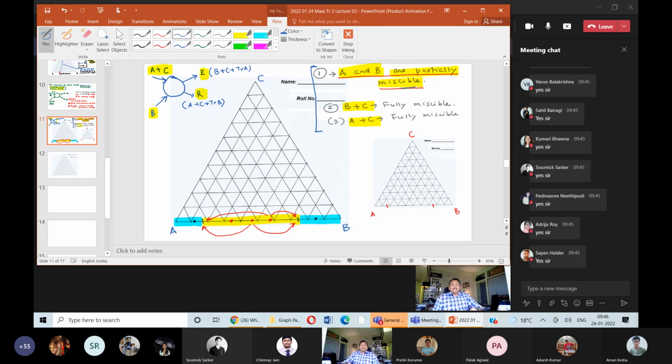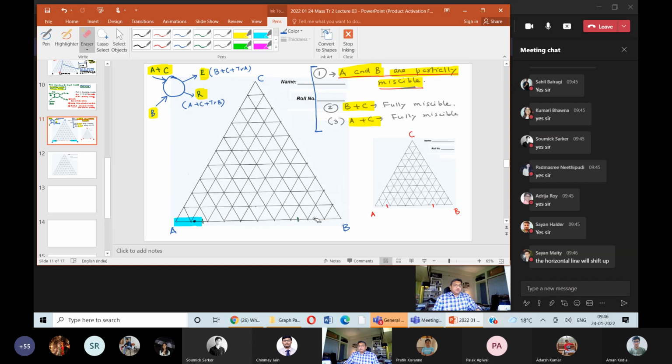Horizontal line will not shift up. I understand what you mean to say, but you have not said it in the right way.